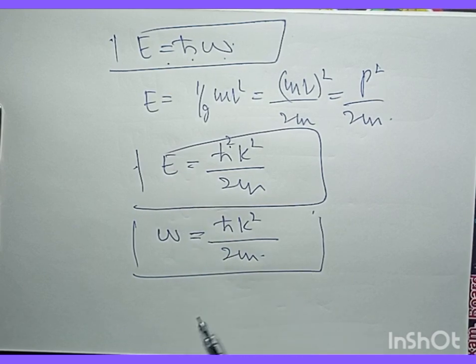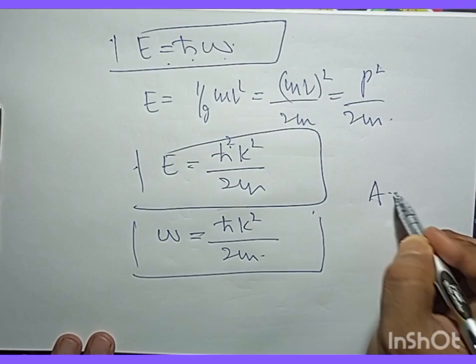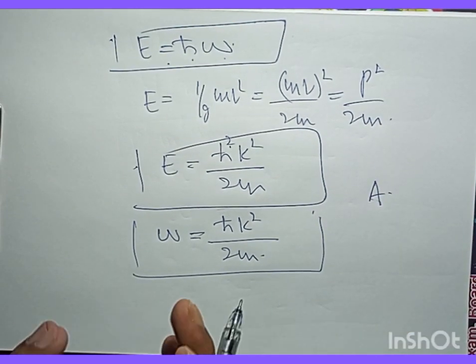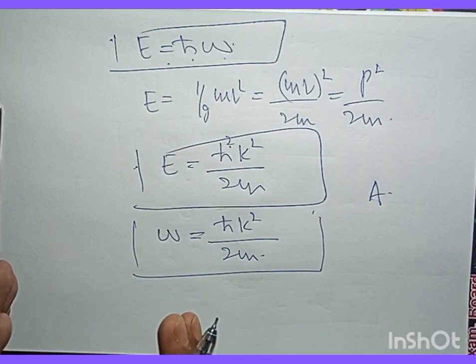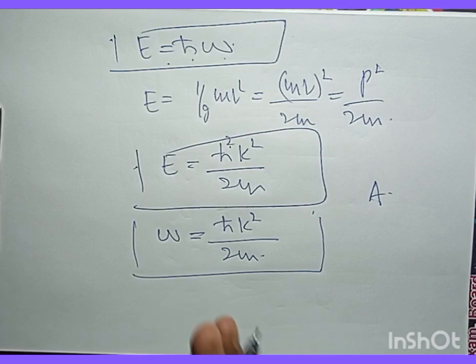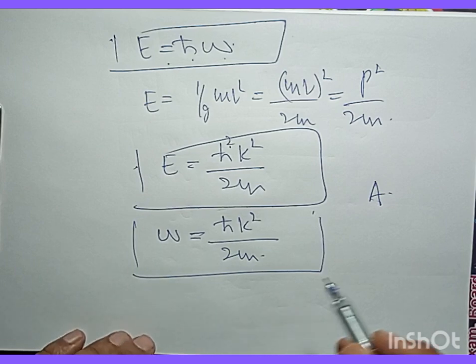Now, what is important here is that this plane wave solution has a constant which is known as the normalization constant, and which is denoted as A. And in quantum mechanics, wave functions must be normalized, otherwise it doesn't make any sense, so that the total probability of finding the particle in space is equal to 1.